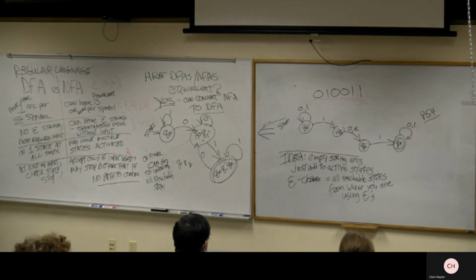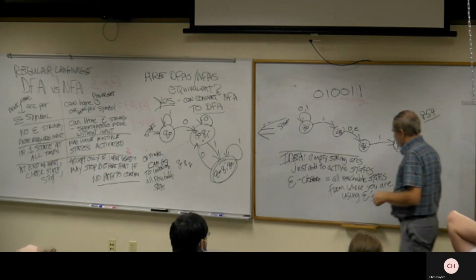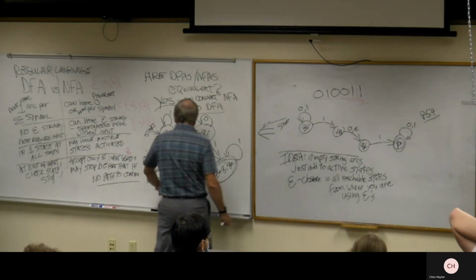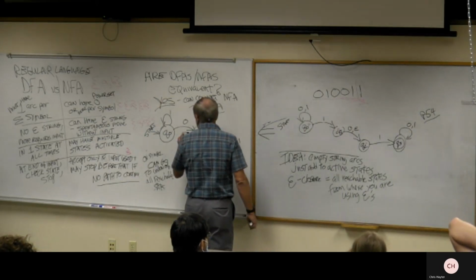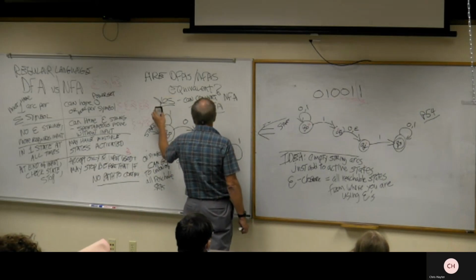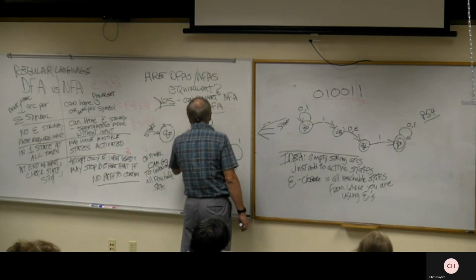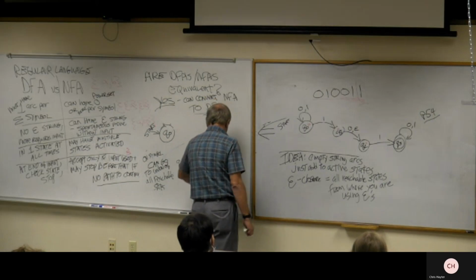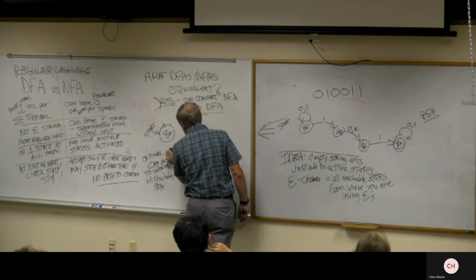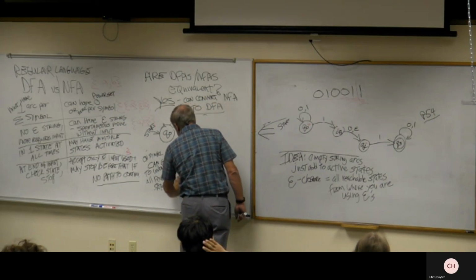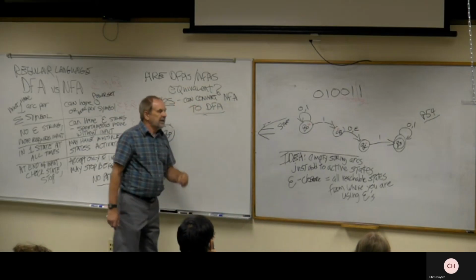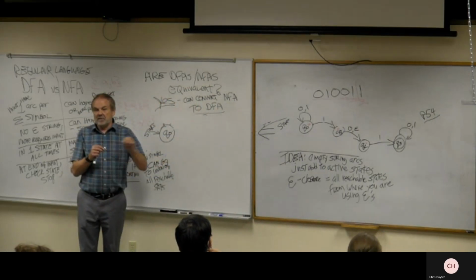And what we just have to do is take into account the epsilons. If I can get there and there's an epsilon out of it, I can also get to that one next to it and any epsilons that go out from there. So if somehow Q1 is activated and there's an epsilon out of it and say another epsilon here, I'm in Q1, plus an epsilon gets me to Q2, plus an epsilon gets me to Q3.